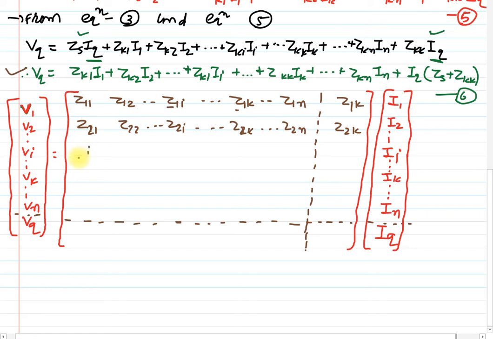Same way I will write for the ith bus, which is I1, I2, Ii, Ik, and In. Similarly, here it is Zik. Clear?